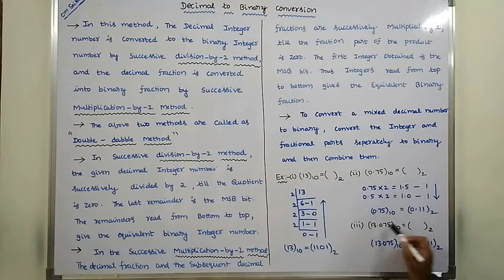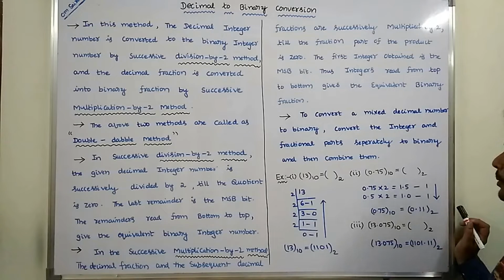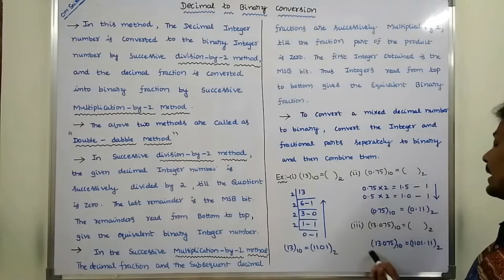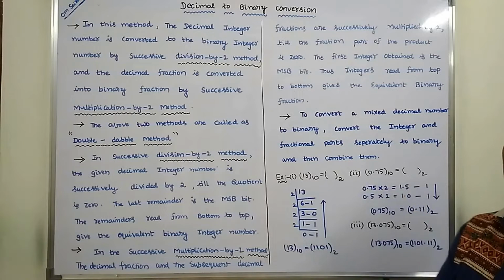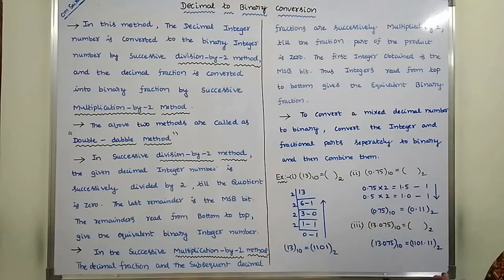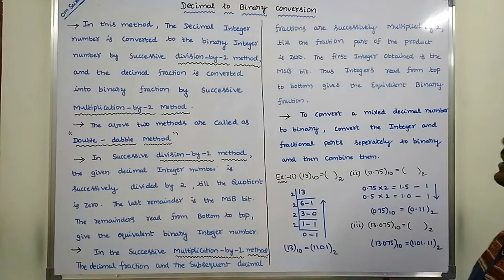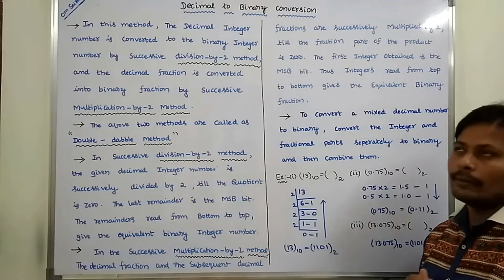This is the decimal number and this is the equivalent binary number. This decimal number contains two parts: one is the integer part and another one is the fractional part. We have to divide the entire number into a decimal integer number and a decimal fraction number separately. Whatever results we get from these two parts, we combine them, and then we get the final equivalent binary number.